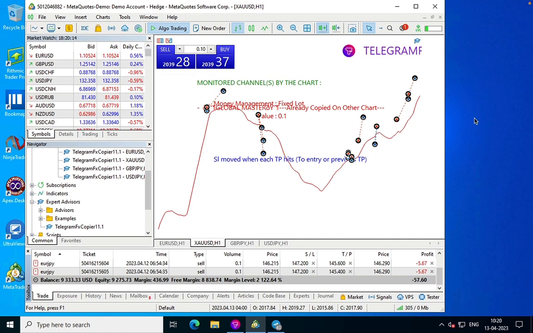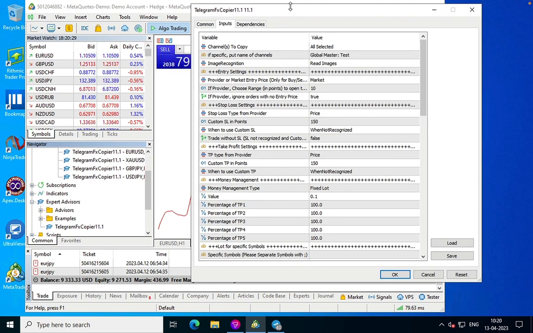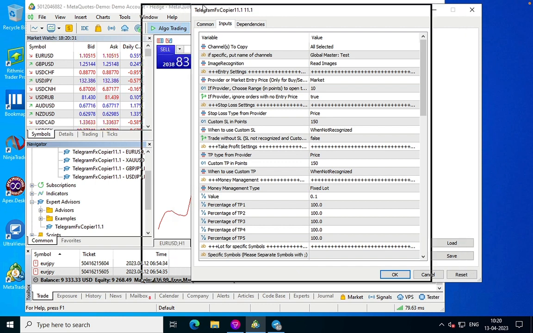Like I said, it doesn't understand words. It can't interpret anything. So it will only do what we tell it to do. All right, so let's take a look. Let's look at gold here, XAU USD. All right.